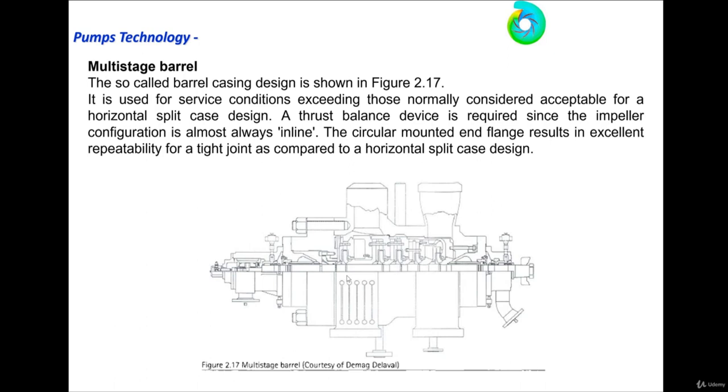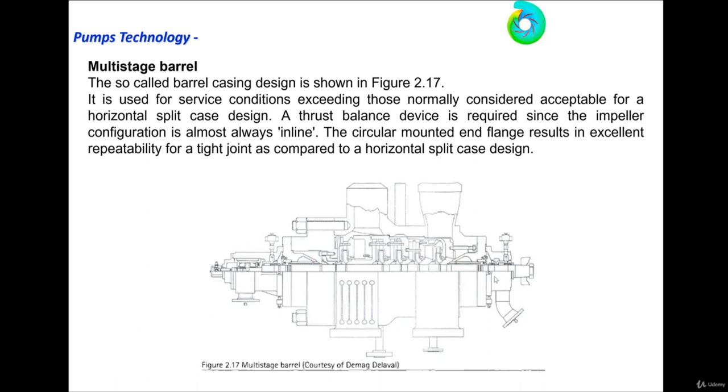So the barrel pump is a double casing pump. The inner casing contains the rotor, the impellers, and the stator part of the pump. The outer casing includes the seals, the bearing housing, and the suction and discharge nozzles.